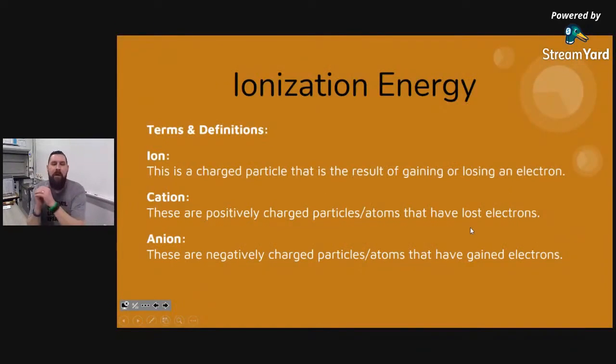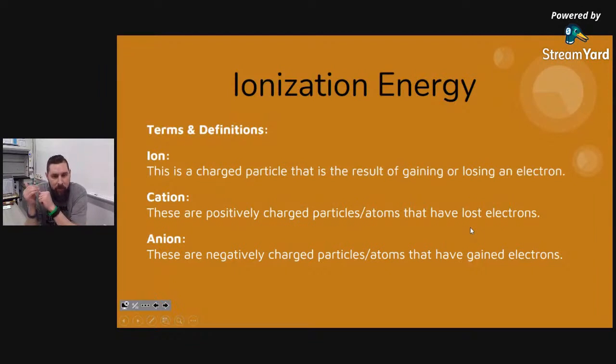So the next trend is ionization energy, and a couple of definitions before we get into the actual trend of ionization energy. So the first definition that you need to know is what exactly is an ion. And this is nothing more than a charged particle, and you get this charged particle by either gaining or losing an electron or electrons.